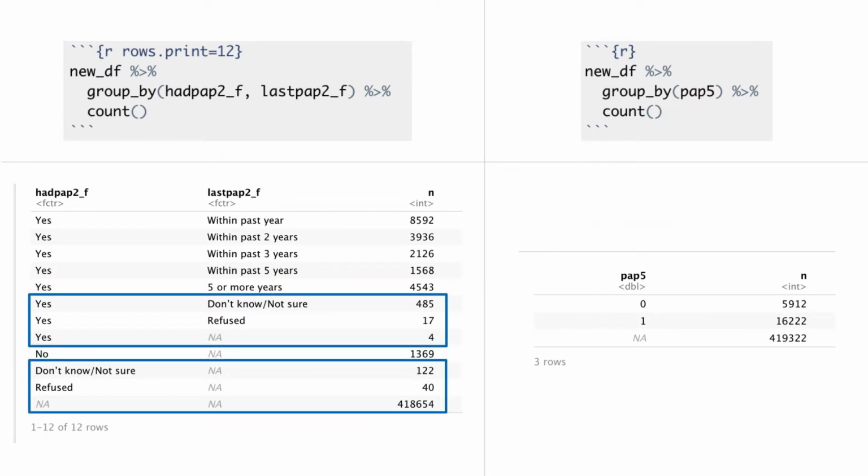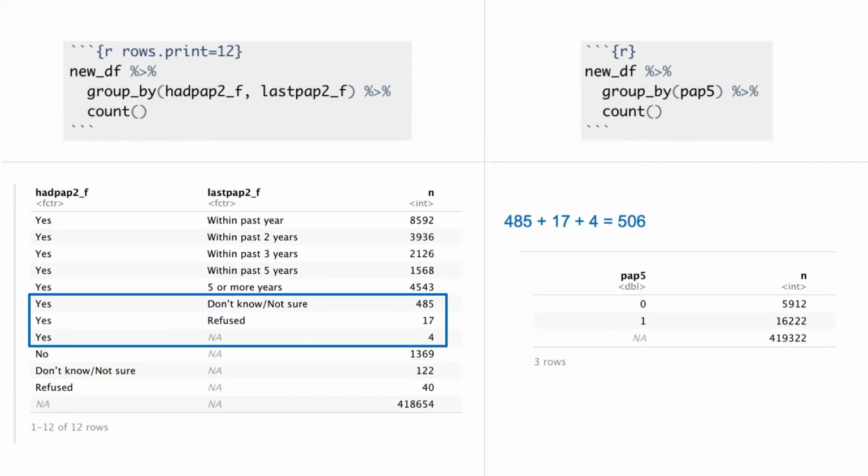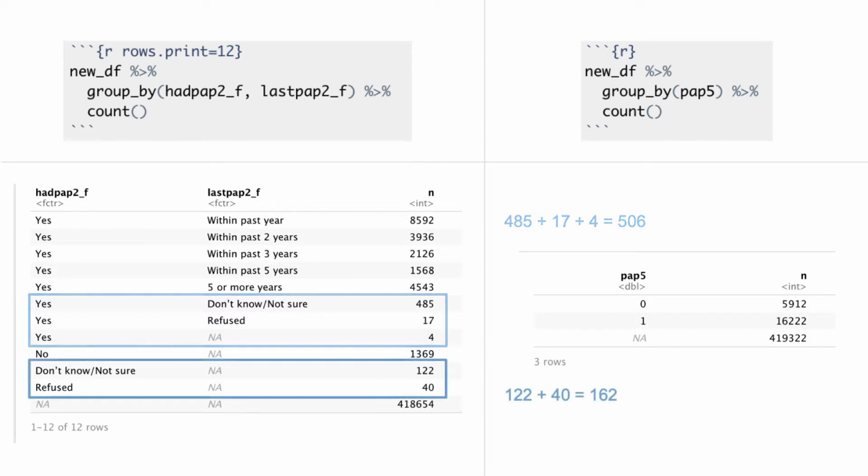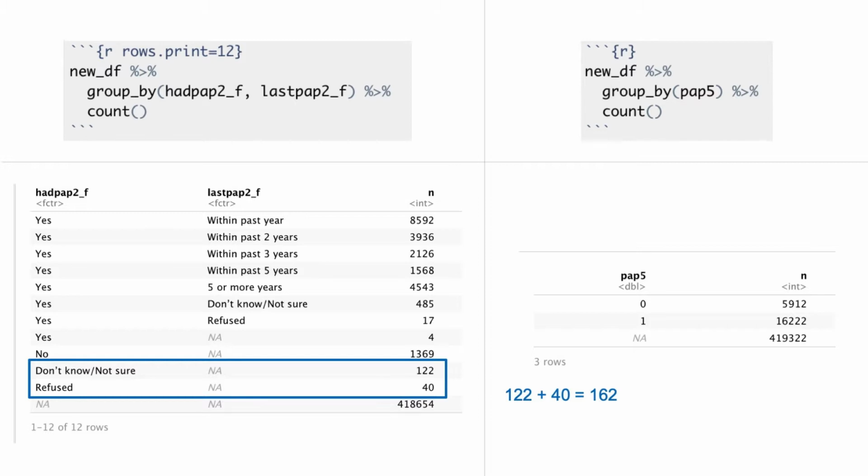Finally, let's take a look at who we haven't classified as a yes or a no in our new variable. These 506 participants reported that they've had a Pap test, but not when the most recent one occurred. Unfortunately, we don't know if their last Pap test was 10 days ago or 10 years ago. Therefore, the only value we can give them for Pap5 is missing. These 162 participants didn't tell us whether they've ever had a Pap test or not.